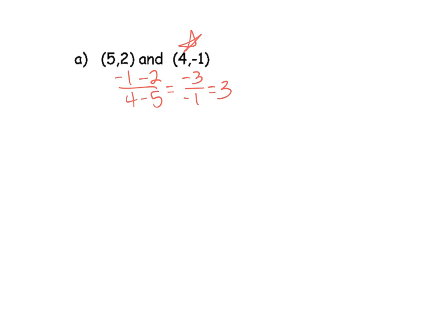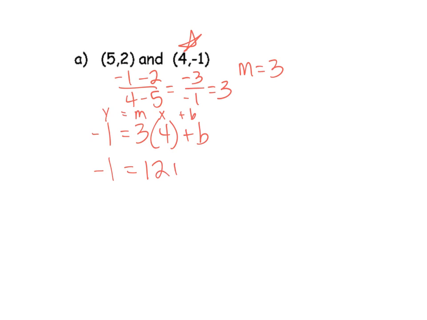And that's what I'm going to plug in for x and y. Y, -1, equals M, 3, x, 4, plus B. Y equals mx plus B. -1 equals 12 plus B. Yep, subtract 12 both sides.